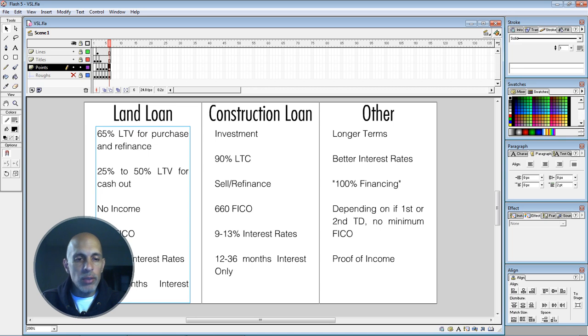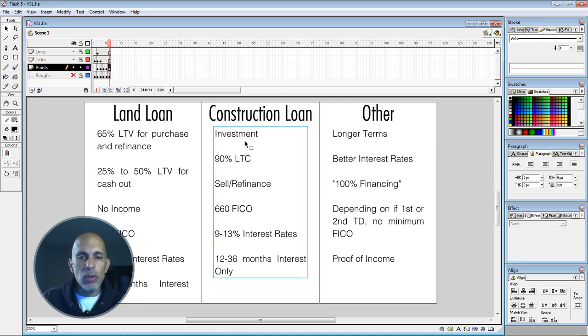You're looking at interest rates between 12 to 17%, and these are generally terms of 12 months with interest only payments. We do not do these in-house. We broker these out to our various lenders in our network, connections that I have made over time because of specializing in this field.